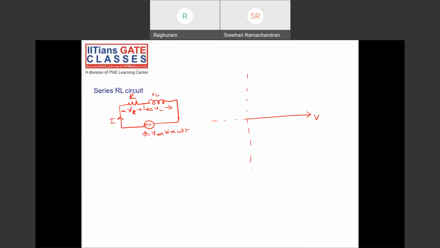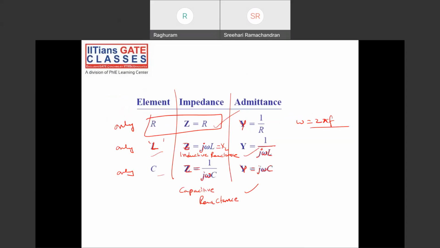Sorry, this is a series circuit, so I'll take I as reference. Voltage and current across a resistor are always in phase. You have to remember that V and I are in phase.